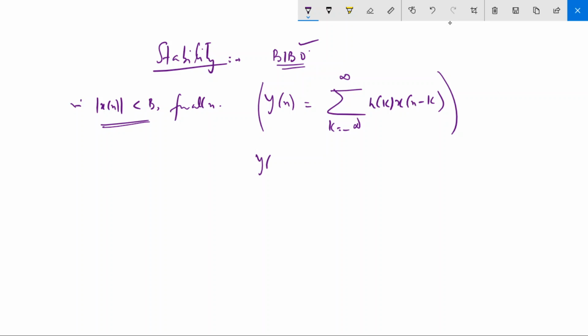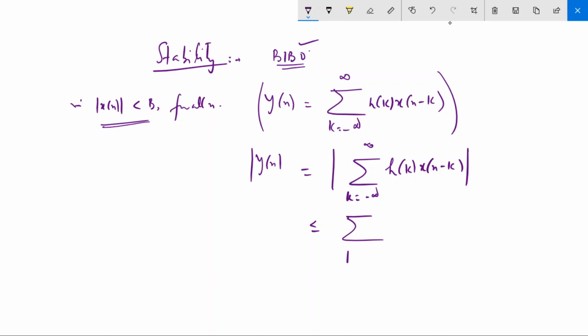So what will be the magnitude of y[n]? The magnitude of y[n] will be equal to the mod of the summation of h[k] x[n minus k], and you can write this as less than or equal to the summation, k from minus to plus infinity, of mod of h[k] into mod of x[n minus k].